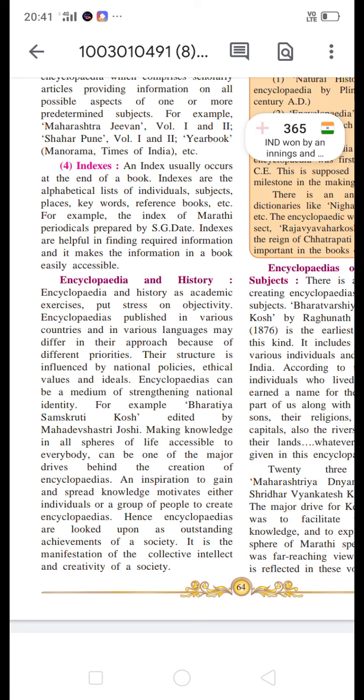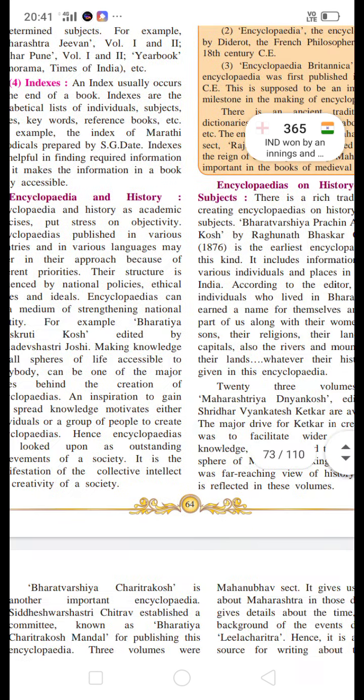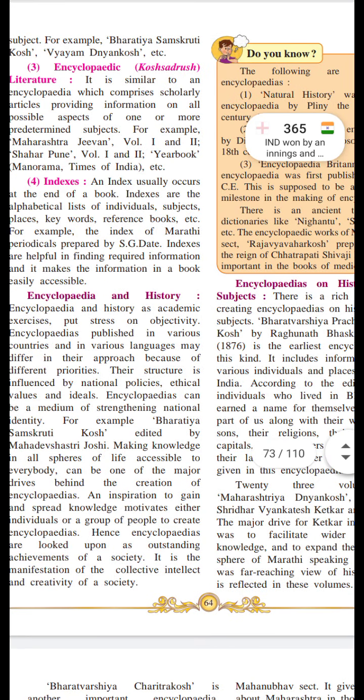Siddeshwar Shastri Chitrao established a committee known as Bharatiya Charitrakosh Mandal for publishing this encyclopedia. Three volumes were published, namely Bharatavarshiya Prachin Charitrakosh in 1932, Bharatavarshiya Mahayugin Charitrakosh in 1937 and Bharatavarshiya Arvachin Charitrakosh in 1946.